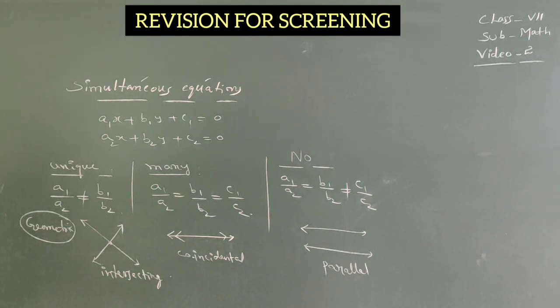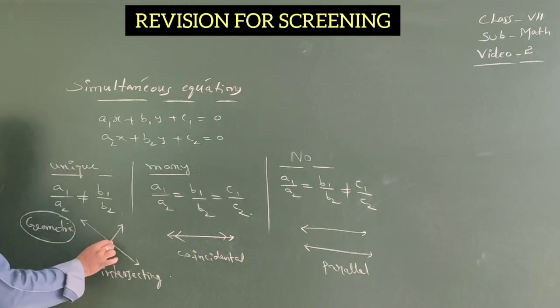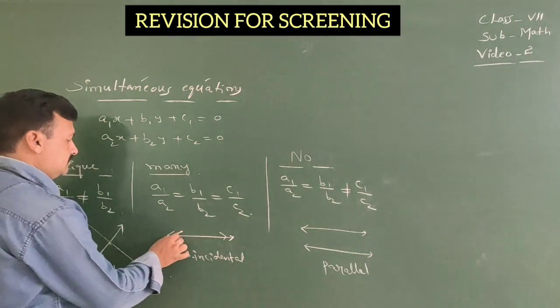Inconsistent system is denoted by parallel lines; consistent, coincidental or intersecting lines. Intersecting means two lines meet at one point. The common point is the solution for the given intersecting lines. Infinitely many solutions mean here collinear.